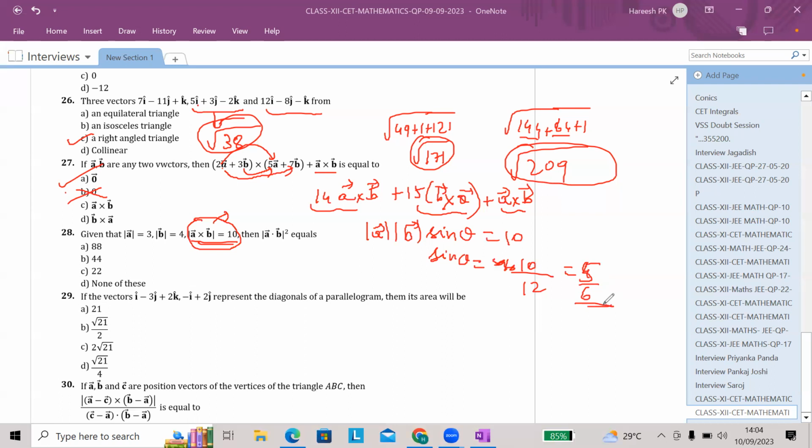So if sine theta is 5 by 6, cos theta will be root 11 by 6. So now they're asking A dot B. A dot B will be mod A, mod B into cos theta. And now they're asking us to square this. So it will be 88.